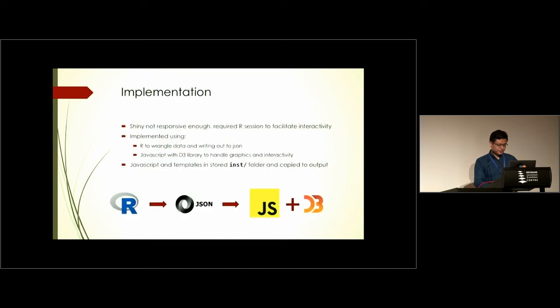Let me tell you a bit about how this was all implemented. Because we wanted to make good use of all the existing R packages for RNA-seq analysis, we wanted to keep everything within R. So when you're using this, all you have to think about is the R part of it.